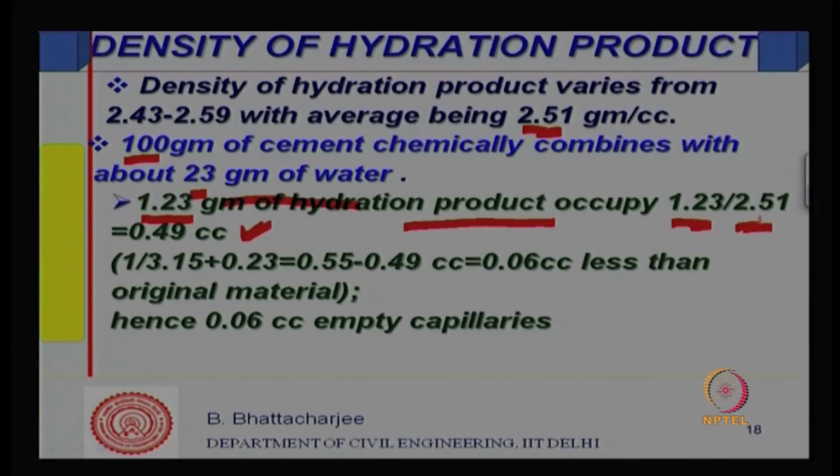So, the solid product of hydration will occupy 0.49 cc, right. Now, the specific gravity of cement is generally taken to be 3.15 on average. So, 1 gram of cement will occupy 1 by 3.15, which comes out as 0.32.